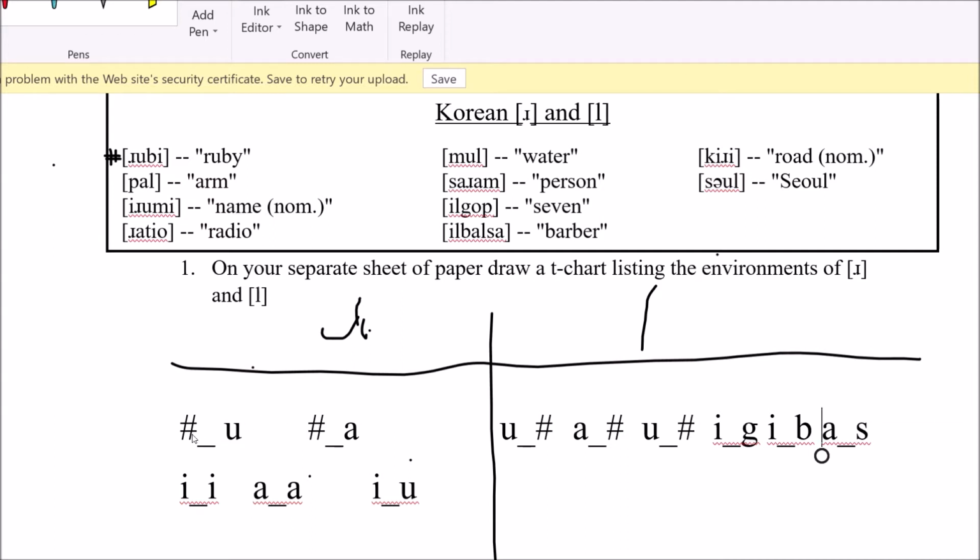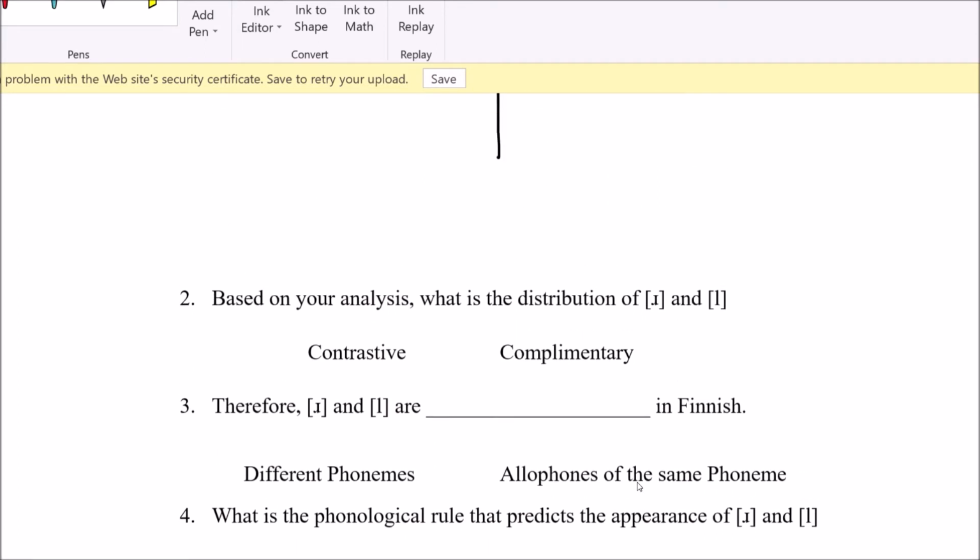So let's look. Here we don't see any matching environments. Here we have a word boundary and oo. We see the sound. But when we have oo in a word boundary, we have ol. We don't see any time where they both appear in the same environment. So, okay, we know that it is not contrastive distribution.